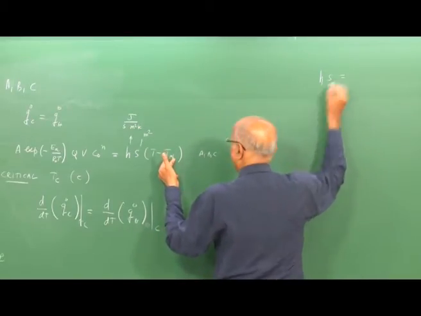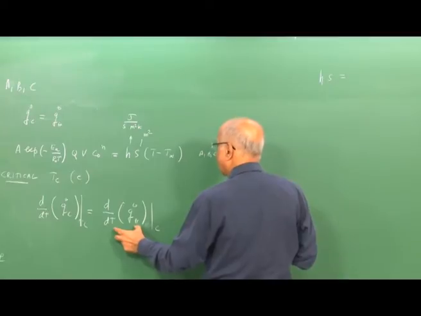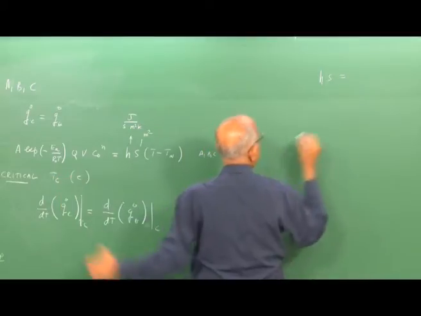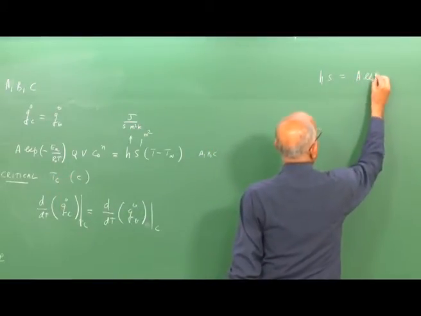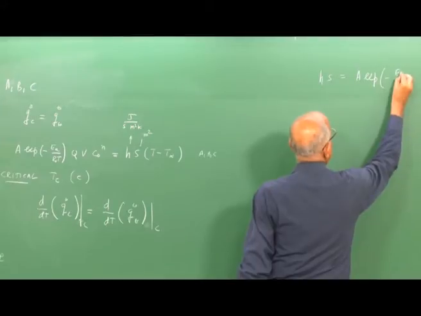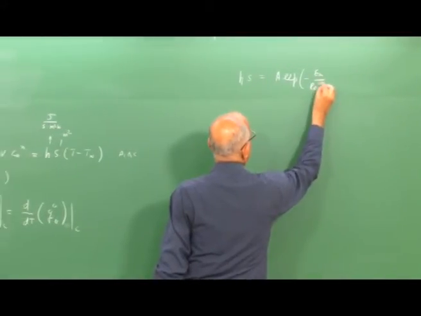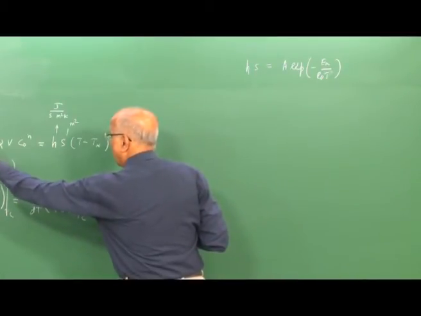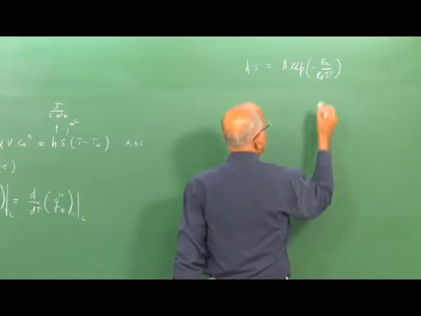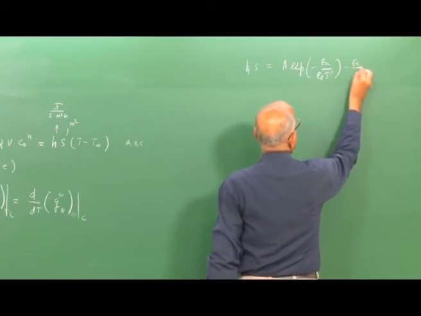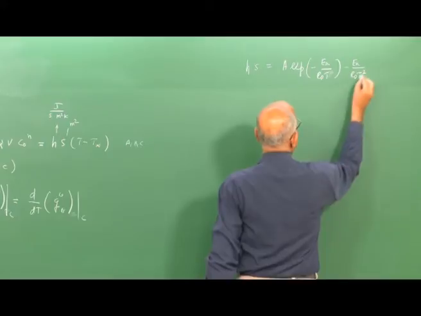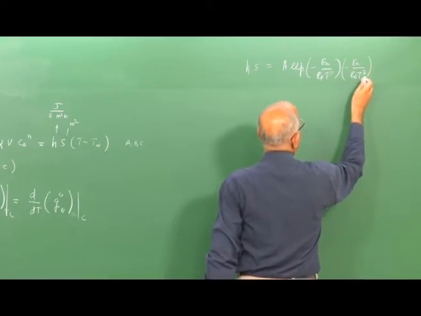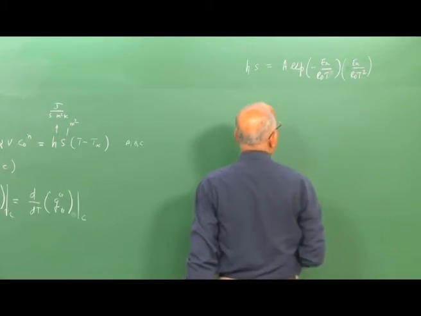This is d by dT of Q̇H at point C. Similarly, differentiating the other side, I get A into exponential of minus EA by R0 T, times the derivative of the exponent, which is EA by R0 T squared, since minus EA times minus 1 over T squared is positive.